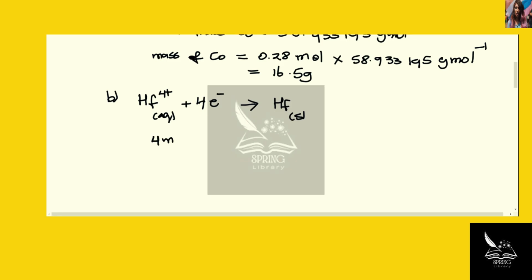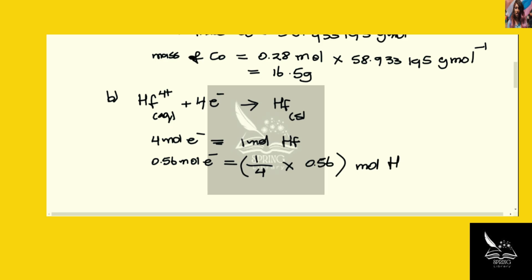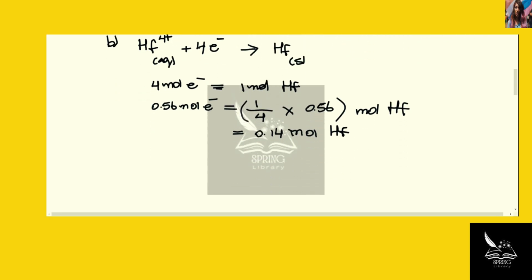So therefore 4 moles of electrons produces 1 mole of hafnium. Therefore 0.56 moles of electrons would produce 1 divided by 4 multiplied by 0.56 moles of hafnium, and that is equal to 0.14 moles of hafnium was produced.